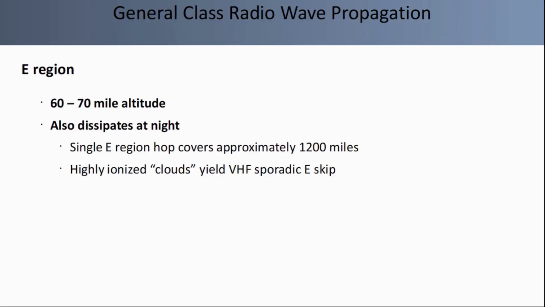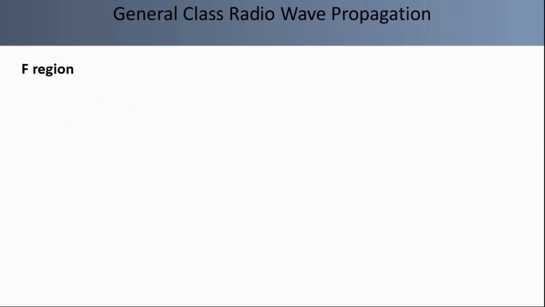What's interesting in the E layer, and this isn't part of the test, is that there are times, particularly in the summer, where highly ionized clouds form. They're not visible clouds, they're not water moisture, but they're ionized regions. And that can yield VHF, what they call sporadic E-skip, signals that would normally not get returned to Earth get bounced off in the E layer with sporadic E.